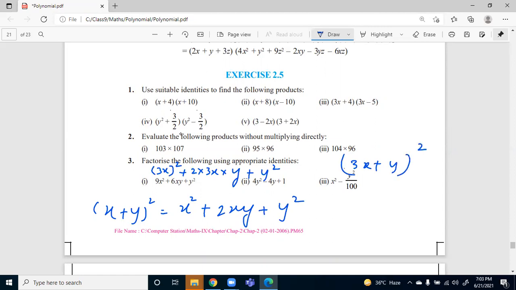So I got the factorization of the first part done. (3x plus y) whole square, what does it mean? It means 3x plus y is one factor and 3x plus y is another factor of this polynomial. It is a quadratic polynomial. You can see the degree is 2 and we are getting two factors. So this is how it has to be done.